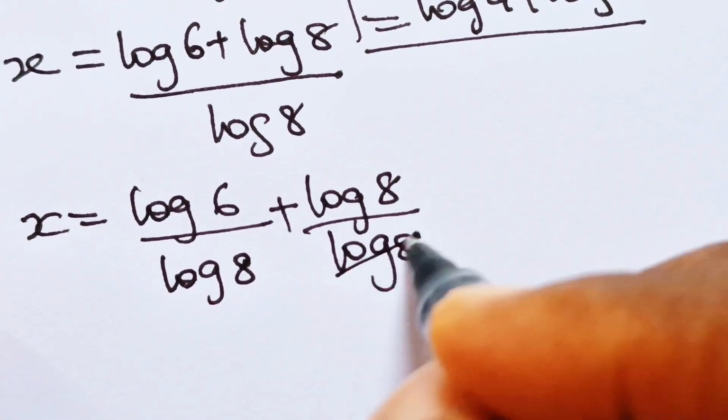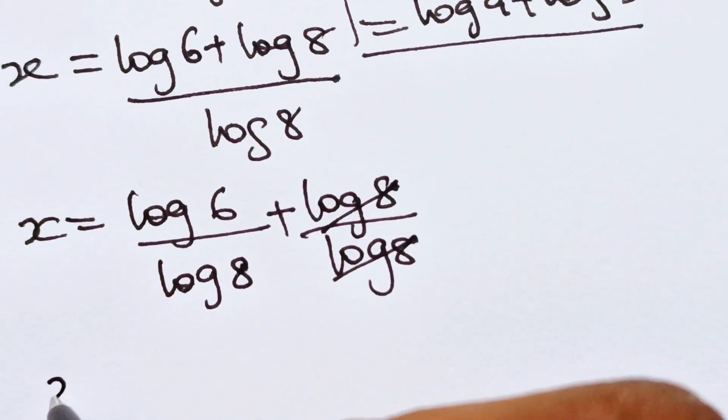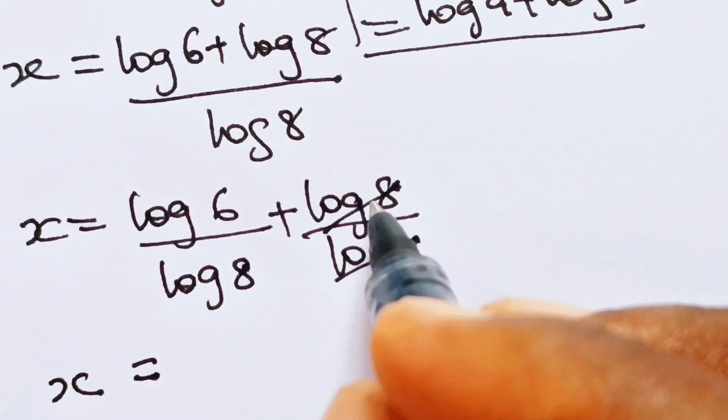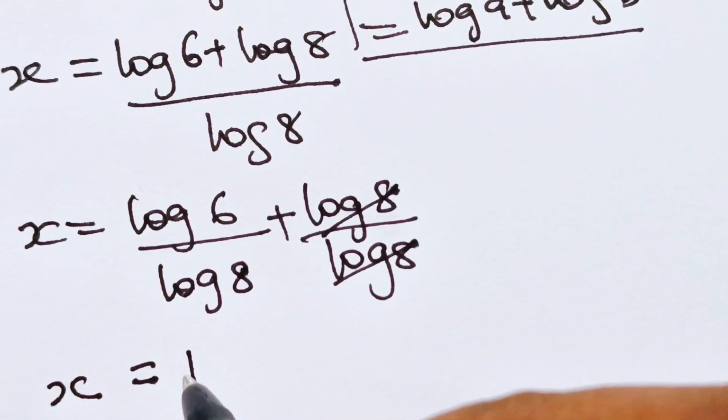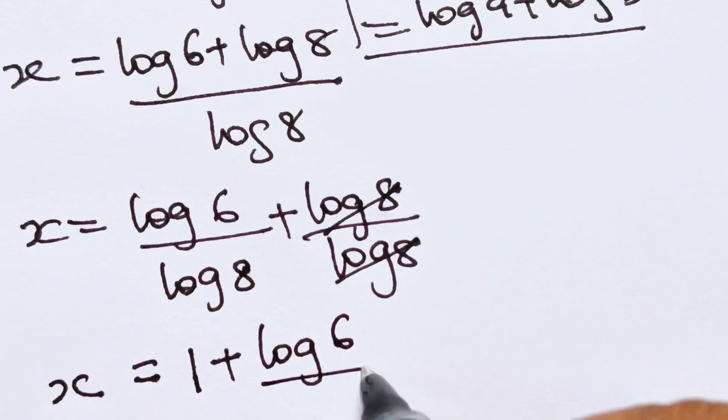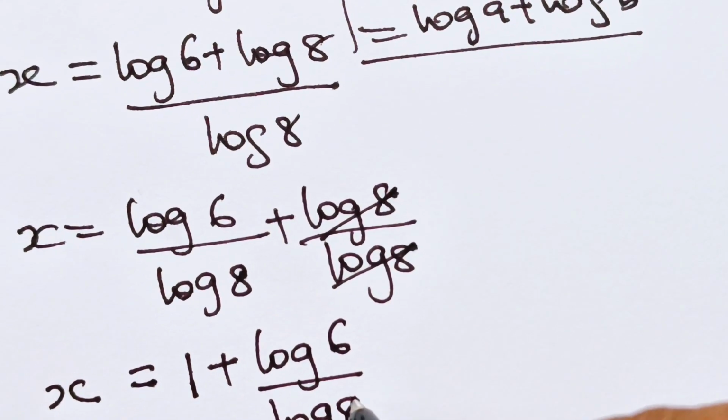Now log 8 cancels log 8. Log 8 divided by log 8 will give us 1. So x is equal to 1 plus log 6 divided by log 8.